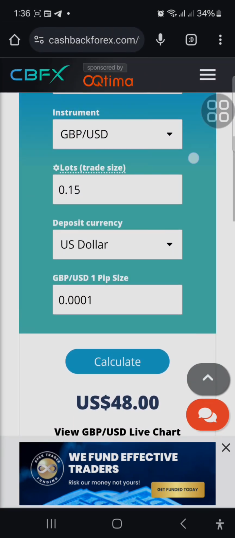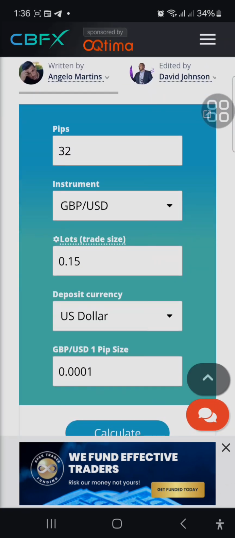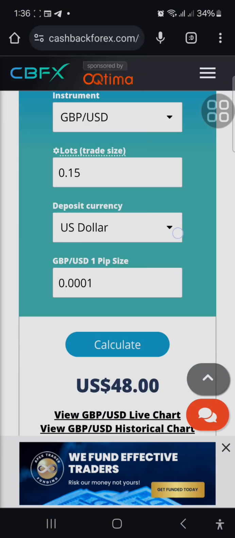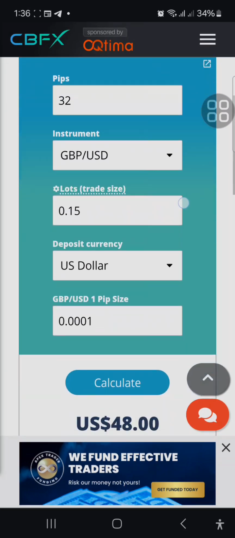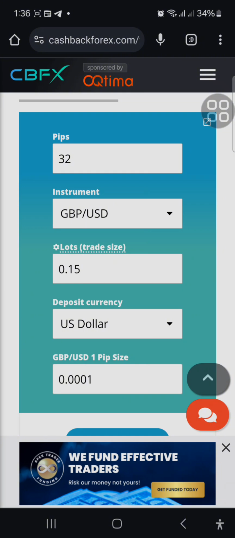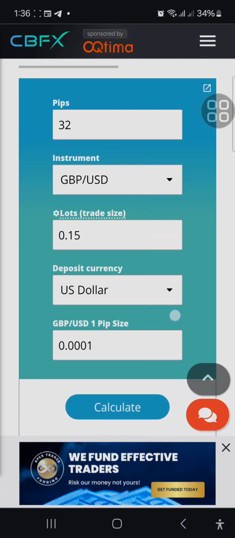So if I'm okay with $48, then I know that on my trade execution tool, 32 pips is going to equate to $48 risk if I go by this lot size of 0.15. So this is what I'm going to be using as my lot size in my trade execution. So let me quickly do that now for 32 pips, right?